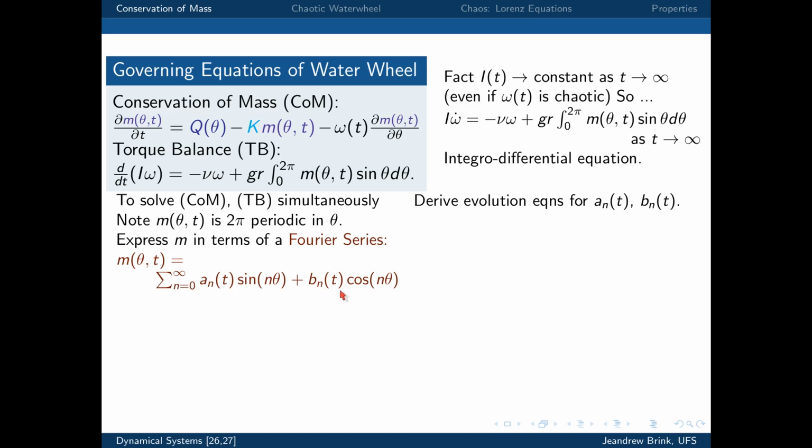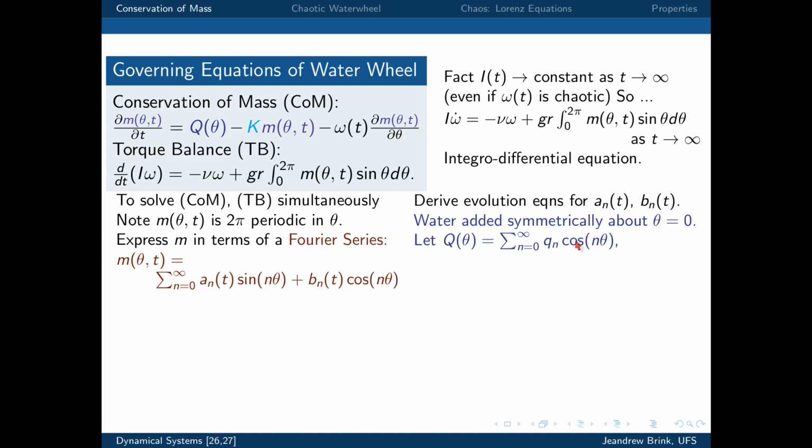Just one more step that we need is we need to be able to solve this equation, we need to know what Q is. And the only thing I'm going to assume is that water is added symmetrically above theta, and therefore, there's no sine component. Okay, so I'm going to be able to write Q as a composition of symmetric functions that are also periodic in 2 pi.